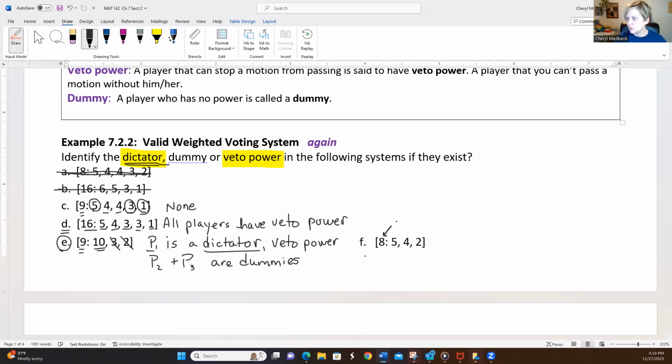Here is our quota. Our quota is 8. Now, if I just add these two players together, 4 plus 2, I can't pass the motion. I absolutely need player 1 here to get to 8. There's no way to do it without him. So he has veto power. Player 1 has veto power.